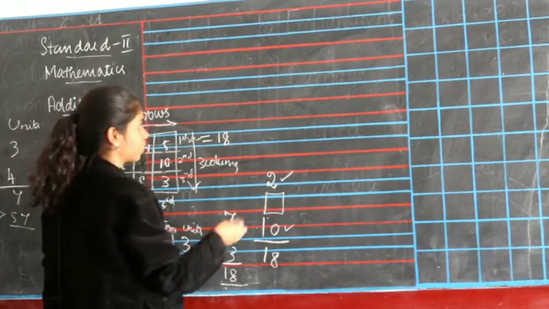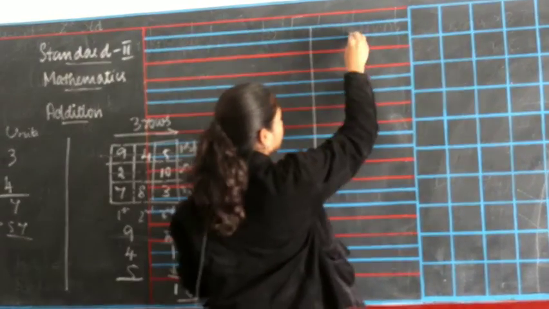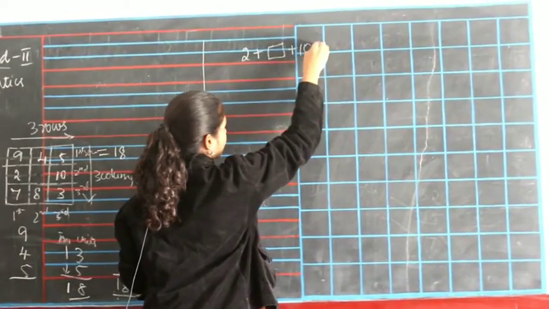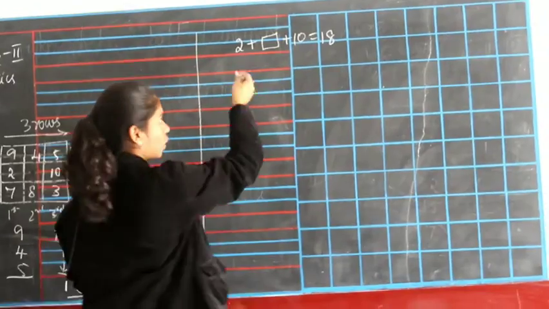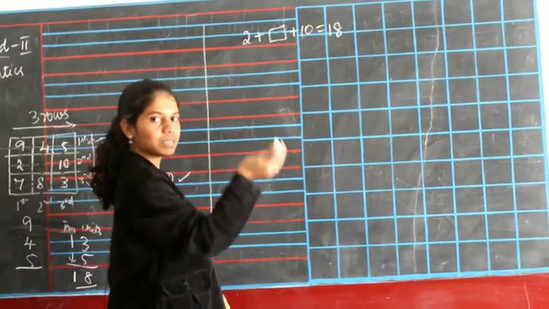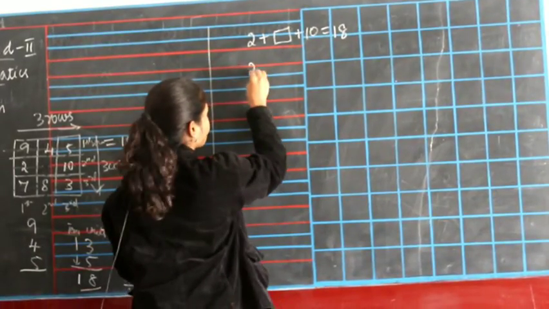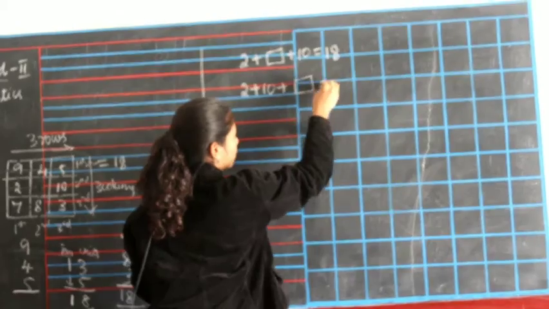Okay, see, you got 2 plus box plus 10 is equal to 18. Now what you are going to do is arrange them so that numbers are on one side and the boxes are on the other side. So 2 plus 10 plus box is equal to 18.